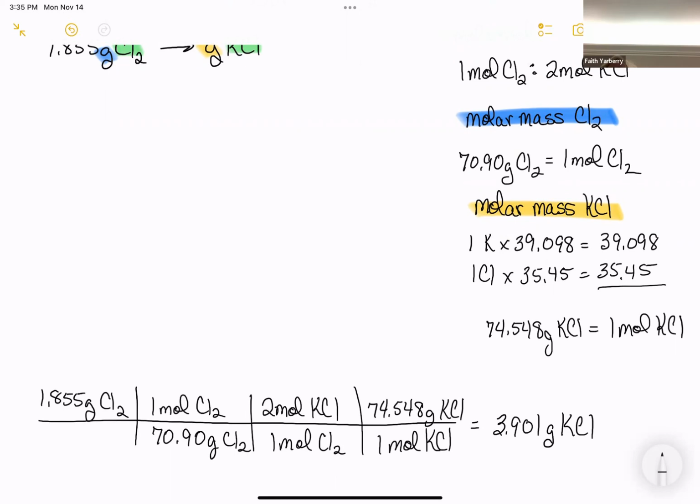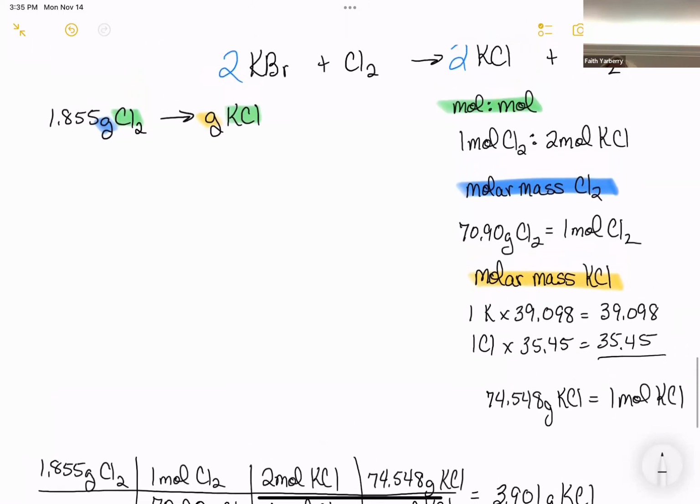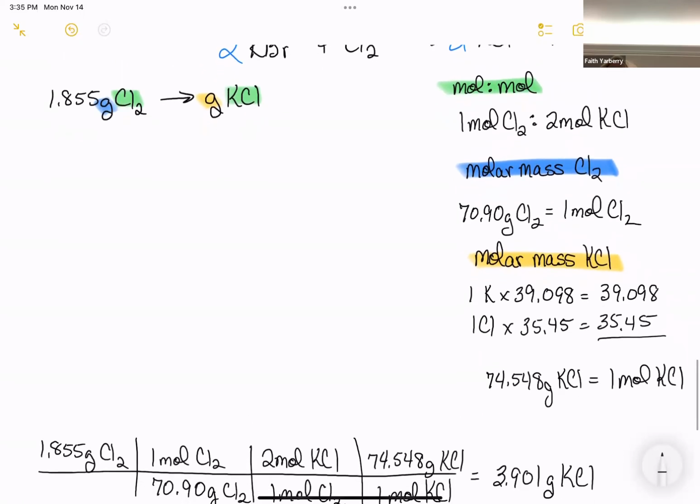Okay, let's see how it's going. So you were given 1.855 grams of Cl2 and you were asked for grams of KCl. Because the two substances are different, you are going to need a mole-to-mole ratio, which came from the balanced chemical equation. According to the balanced chemical equation, for every 1 mole of Cl2, you could get out 2 moles of KCl.